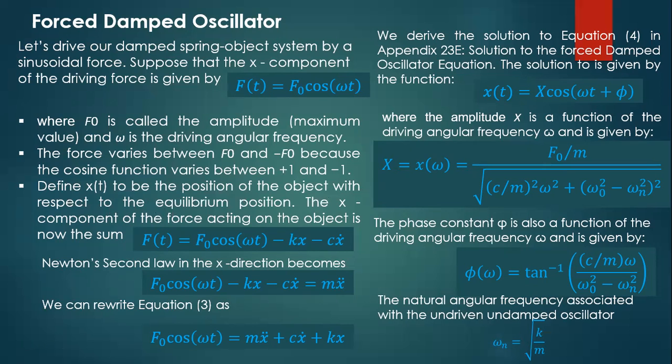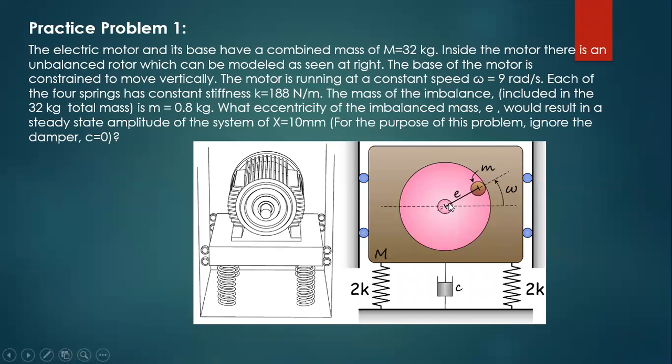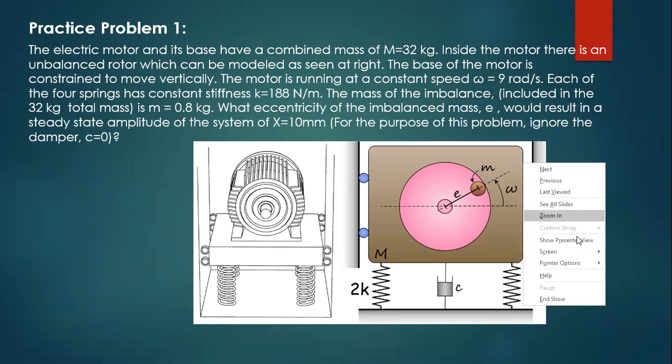The x component of the force acting on the object is now the sum of f of t, which is equal to f naught cos omega t. Actually, for this, I have to refer to this figure. Let me resolve this force.